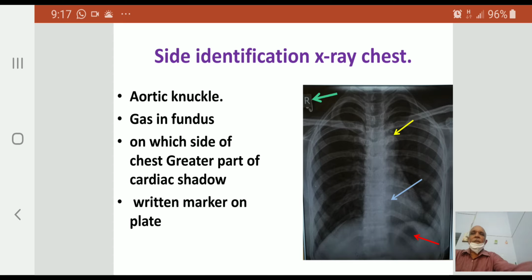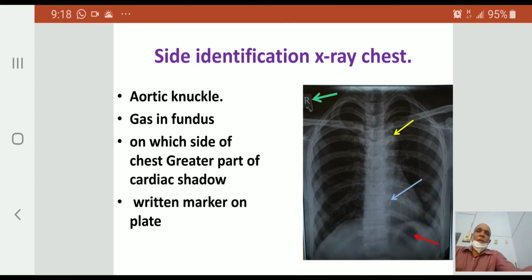In this X-ray, the red arrow shows the gastric fundus, the yellow arrow shows the aortic knuckle, the blue arrow shows the cardiac shadow, and the green arrow shows the marker.